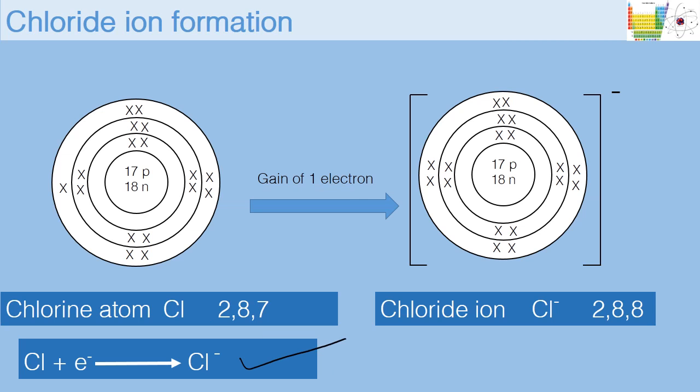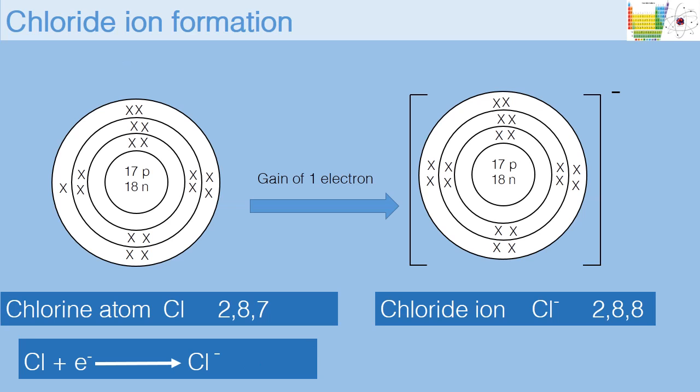Again, for the chlorine atom, it has 17 protons and 17 electrons, to give us 17 plus negative 17, zero charge.